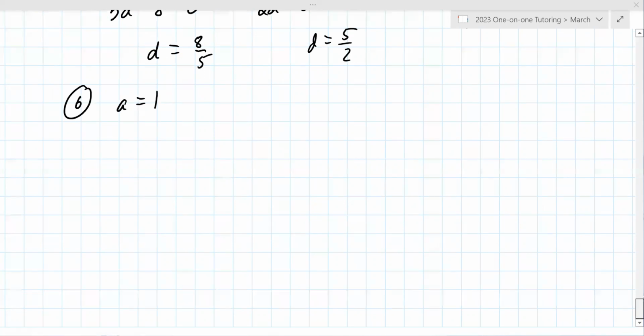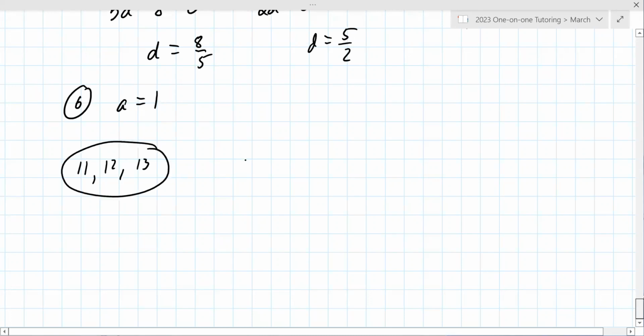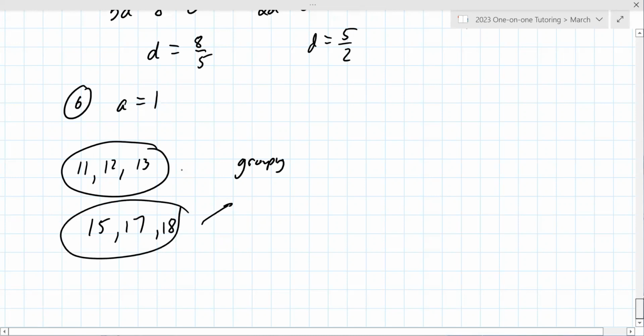Have we done 11? 11, 12, and 13 are all grouping. 15 is grouping. 17 is grouping. 18 is grouping. These are all grouping. Okay, I think that takes care of all the ones we did not get to today.